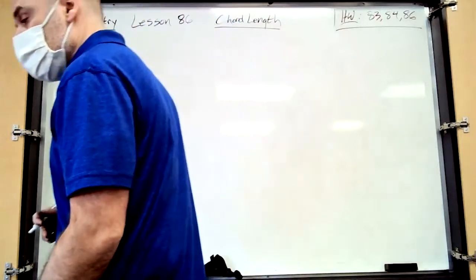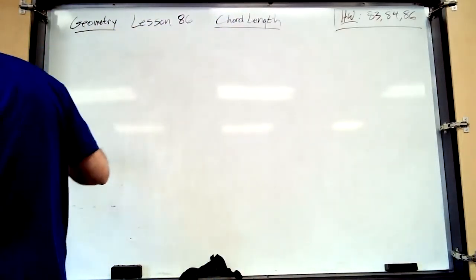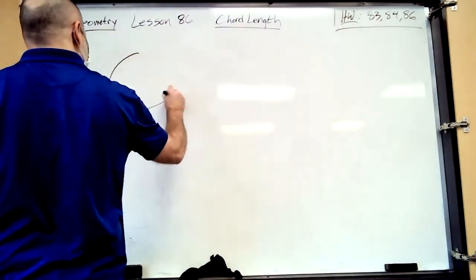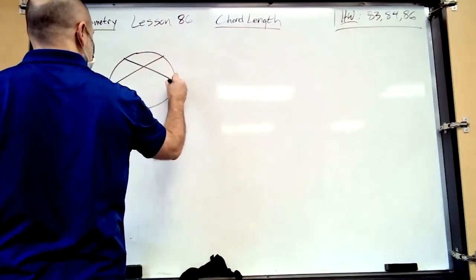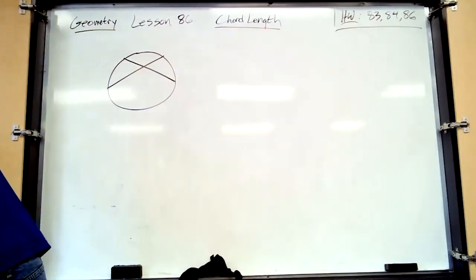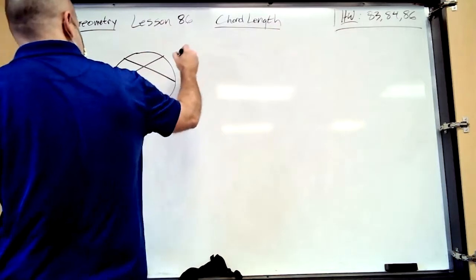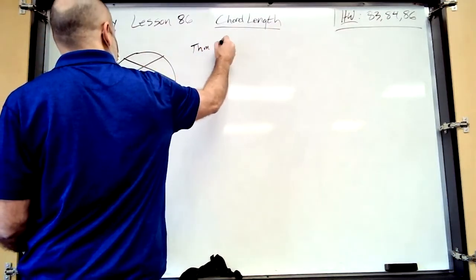All right, so 86, determining chord length. Okay, so here's a circle. Here's a couple chords here. All right, so theorem 86.1 says this.